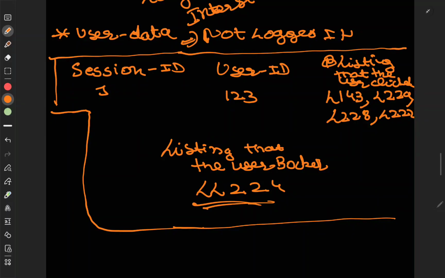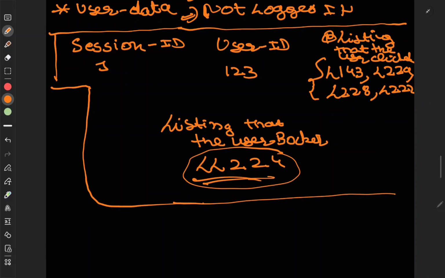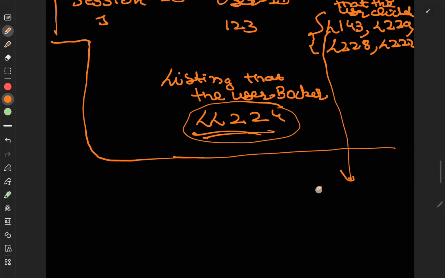He goes and clicks such listings, and then he finally books this particular listing. Let's consider each listing as just a number, a random number.